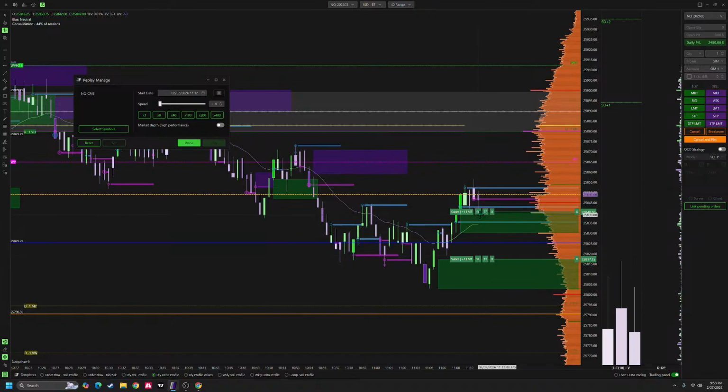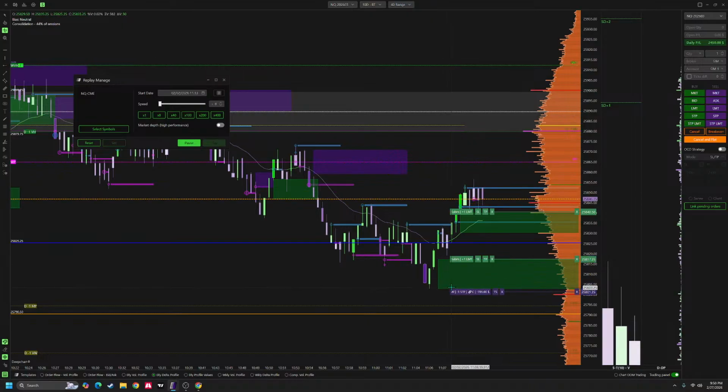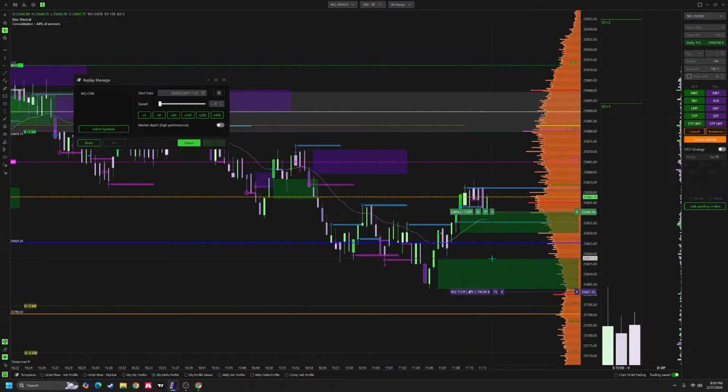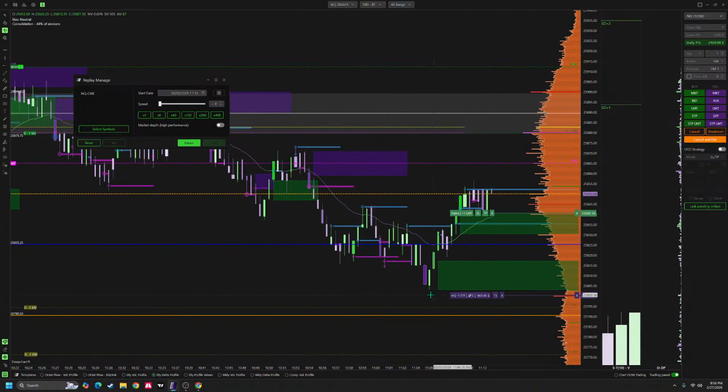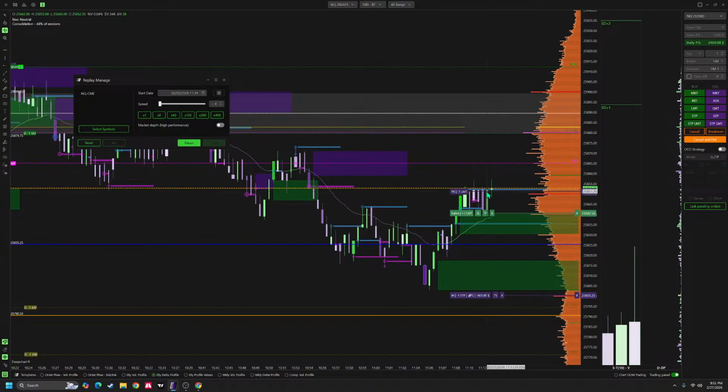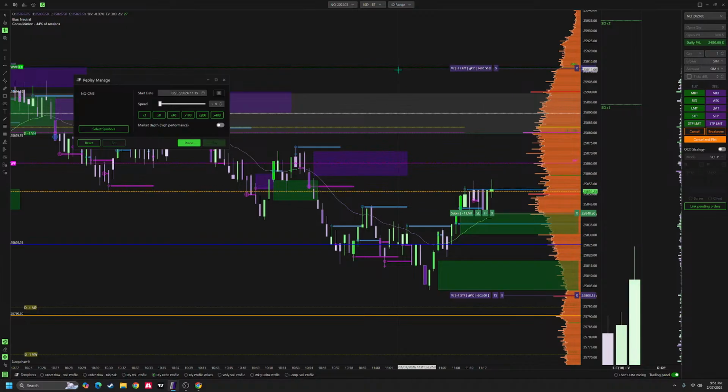We get stopped out on this first one. We'll take it again a second time. So we'll just put this from here. We'll take on double the risk, to take profit back up to the initial balance high.